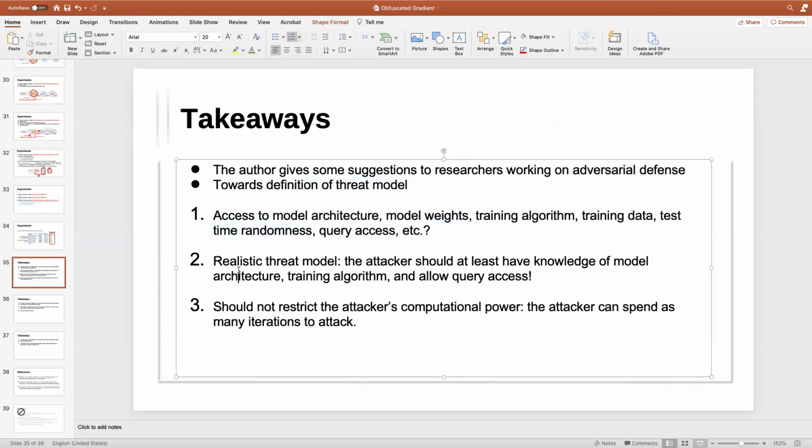The author also suggests making realistic assumptions for the threat model. The attacker should at least have knowledge of model architecture and training algorithm, and can have query access. We should also not restrict the attacker's computational power, because the attacker can spend as many iterations as needed to attack.